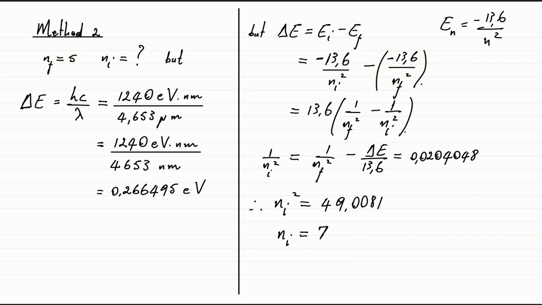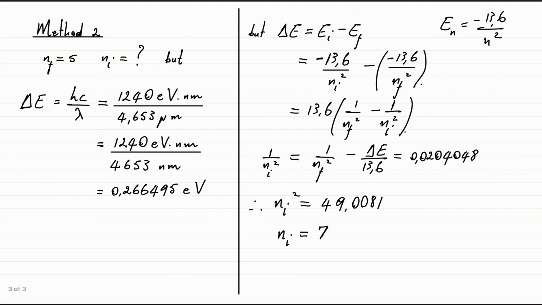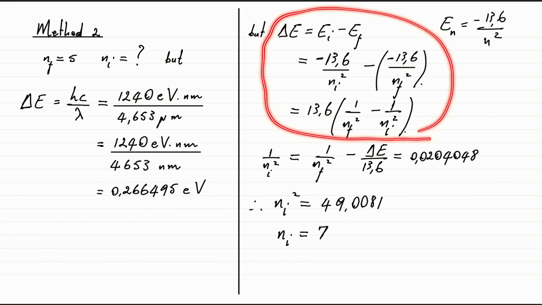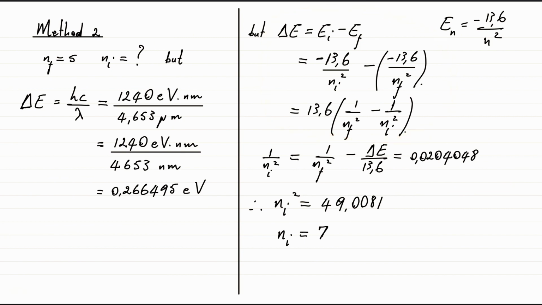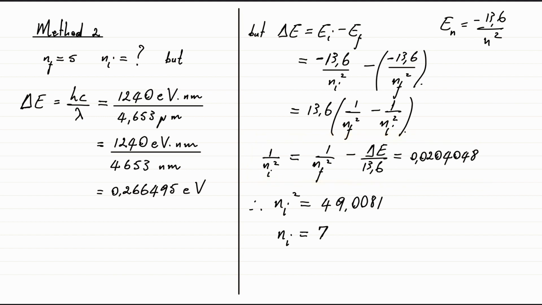And if you clean this up, you might realize that this formula is starting to take a similar form as this. You might see 1 over nf squared minus 1 over Ni squared. And if you carefully take care of the algebra, I skipped some steps for the brevity of the slides and the video, but you can check that you will end up with this when you clean these numbers up.